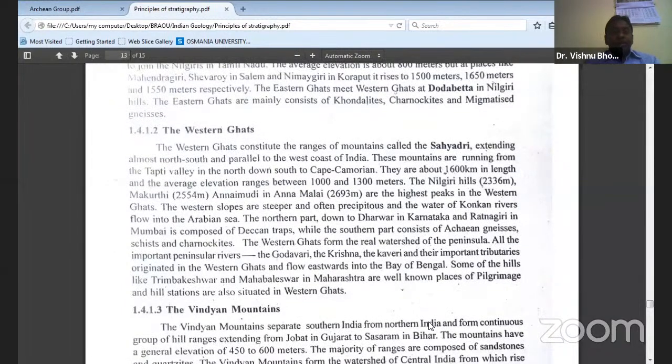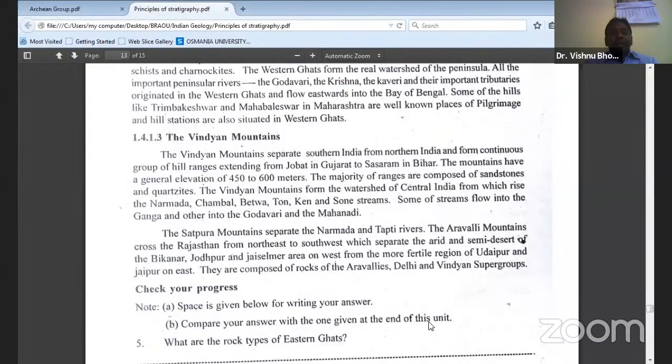Next is the Vindhyan Mountains. The Vindhyan Mountains separate southern India and northern India. These are a continuous group of hills extending from Jobat in Gujarat to Sasaram in Bihar. The mountains have a general elevation of about 450 to 600 meters.